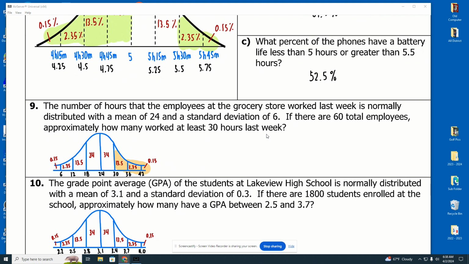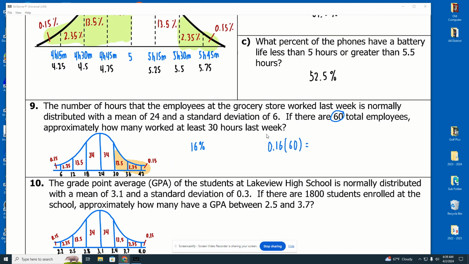That's 16%, right? But again, that's not what the question's asking me. It's not asking me what the percent is. It's saying how many, or it says approximately how many worked at least. So 16% of what? Well, there were 60 total employees. So I'm going to do 16%, 0.16 times 60.